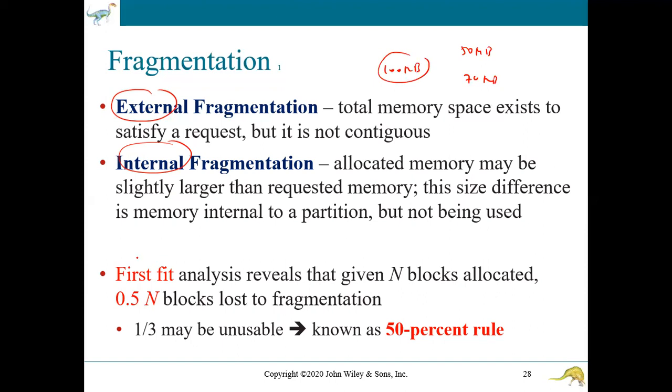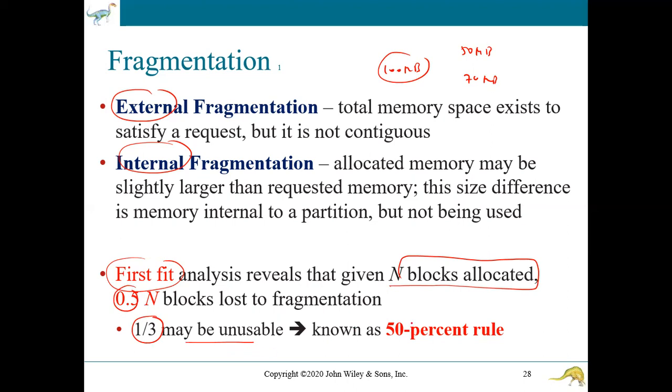First fit algorithm. Okay, you have n blocks allocated. Roughly, it's not really accurate, but 1/3 may be unusable. 1/3 is unusable. This is called the 50% rule. Okay, 50% rule.